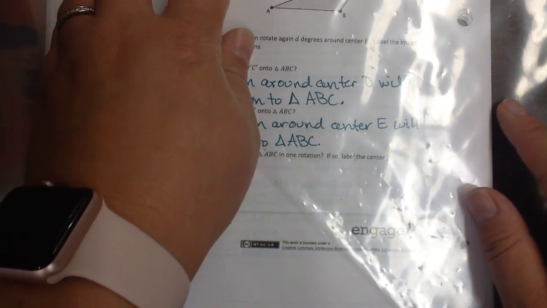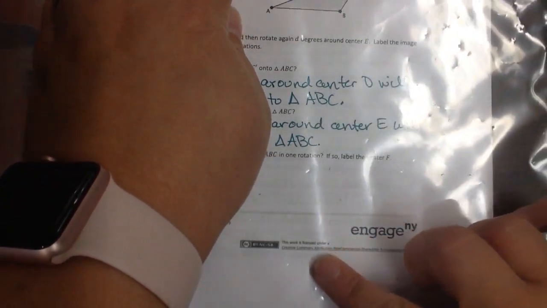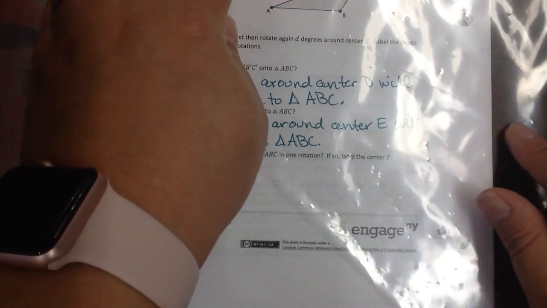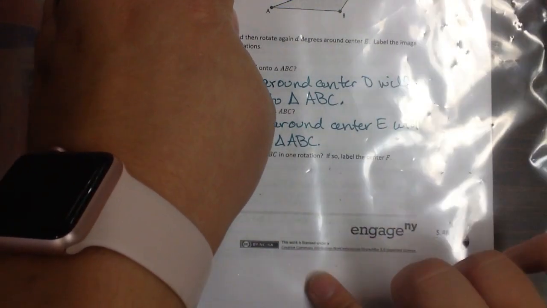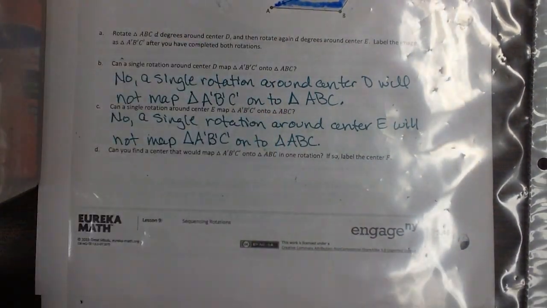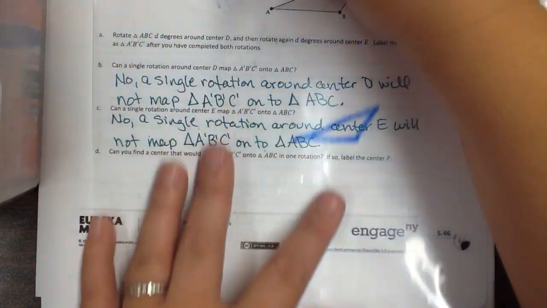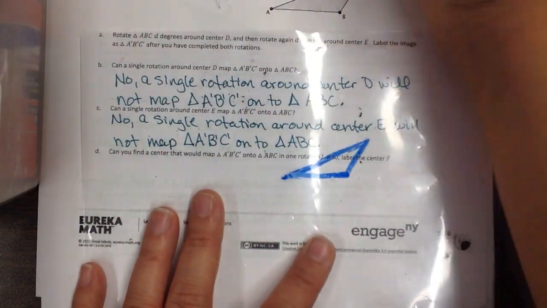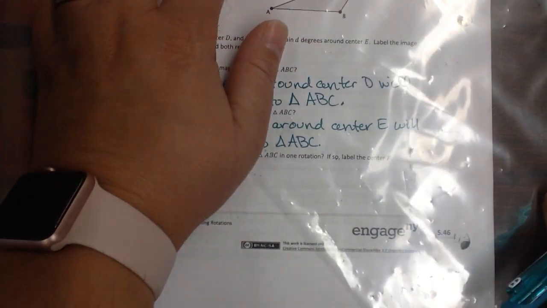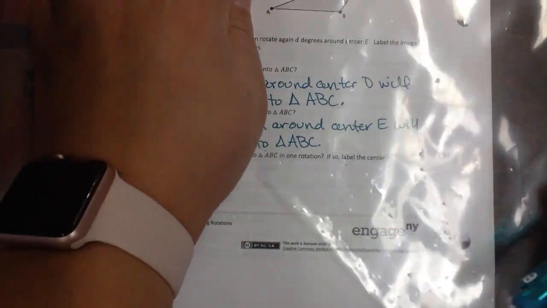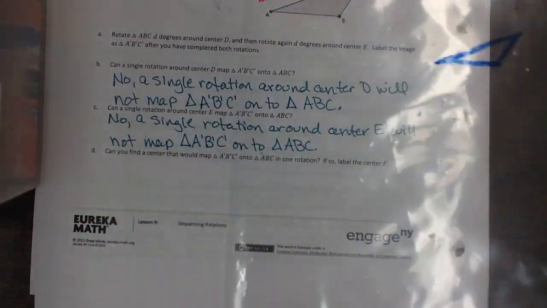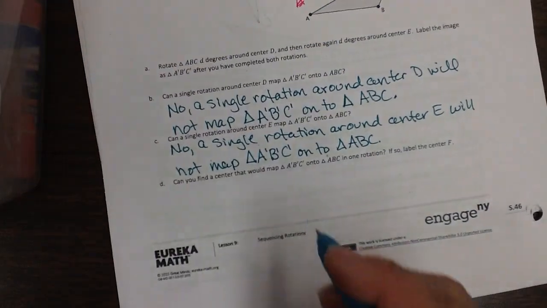Okay, so I hold it here, and I could do it. About maps it back onto there. Okay, so there is a way. So my F would be about right here. To do this, but it is going to be just trial and error to figure out about where it would be.